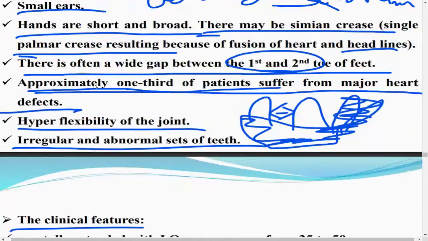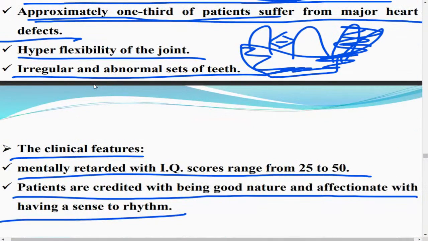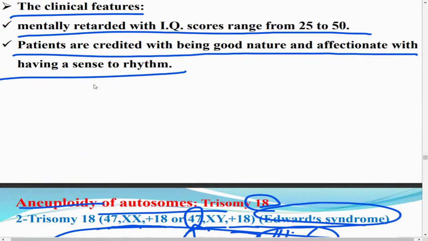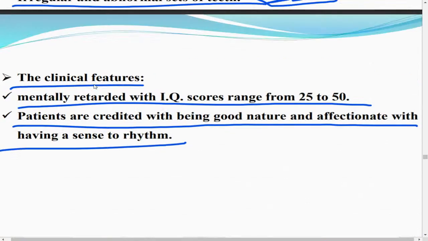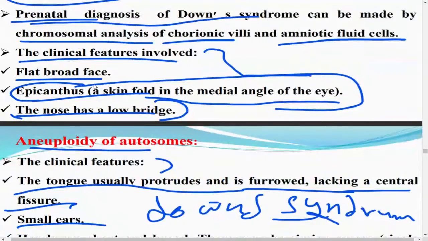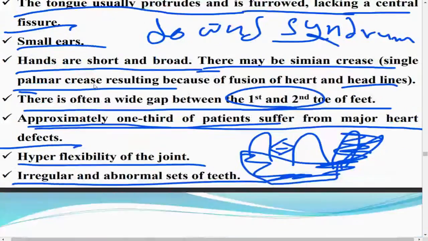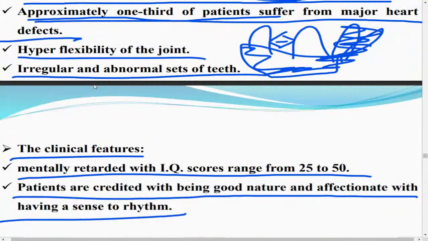We did study the clinical features, IQ. This was the trisomy, the Down syndrome, which is mentally retarded with IQ scores ranging from 25 to 50, very low.